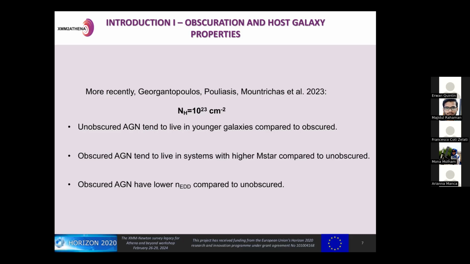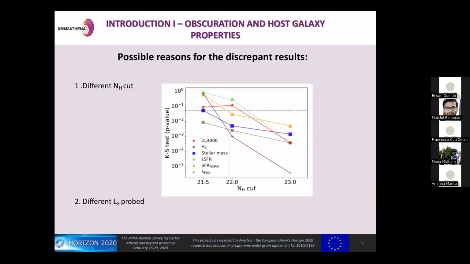So this result comes from comparing these two spectral indices for X-ray obscured and unobscured AGN using this NH cut. In this paper, we examined various properties of the two AGN populations. This is the calcium break, which is for the age of the stellar population.